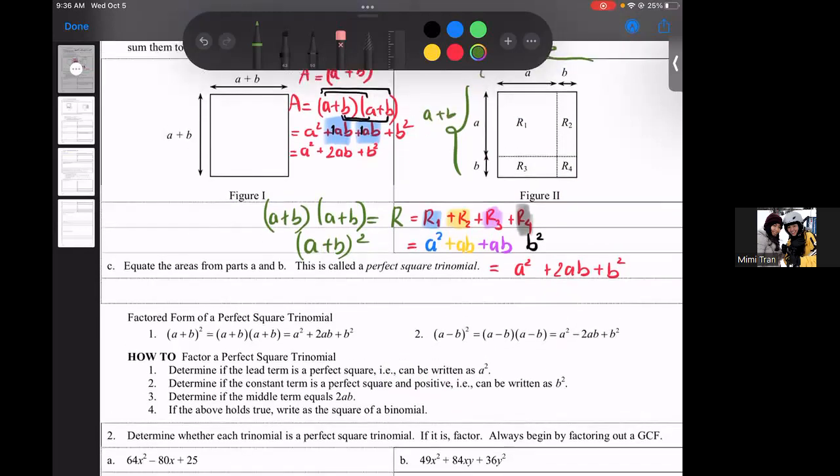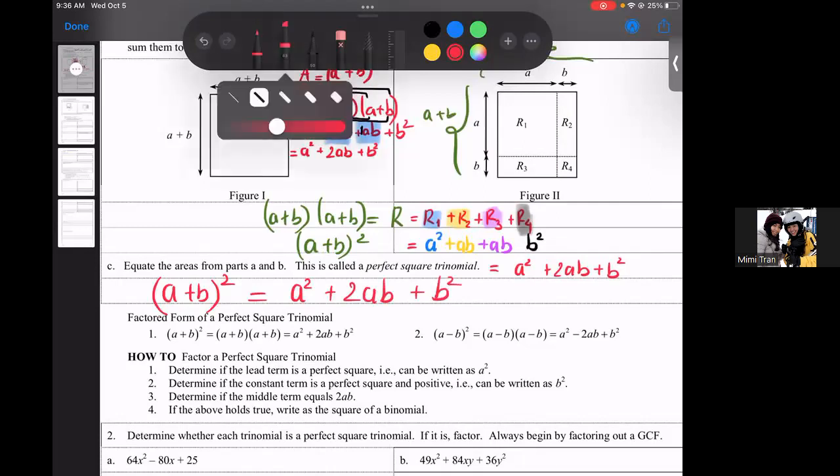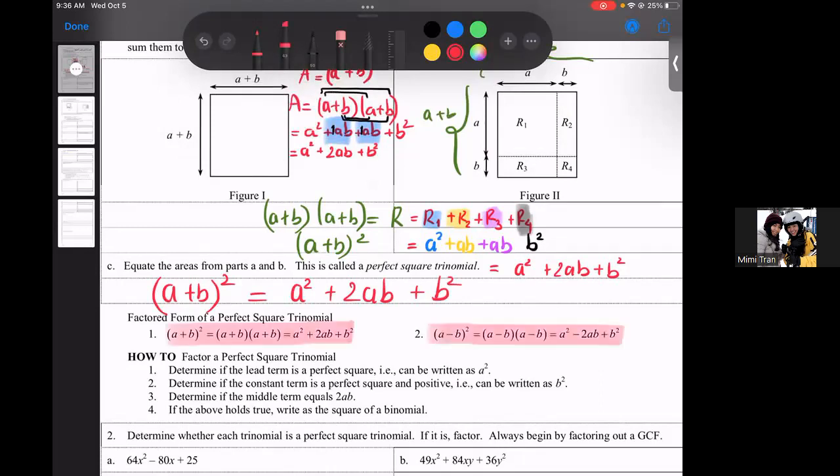So part C, equate the area from part A and part B. We have A plus B quantity squared equal to A squared plus 2AB plus B squared. And it's the same thing for the minus case. All you do is change the sign.